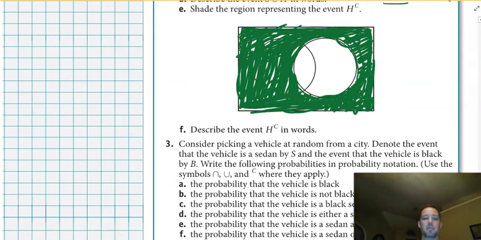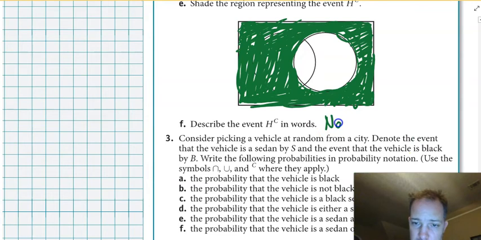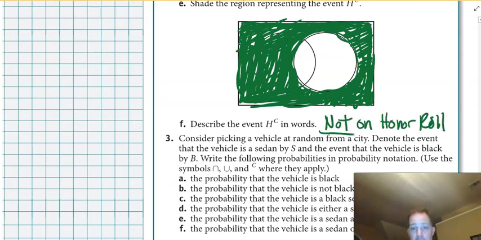That is H complement, and these are the students that are not on honor roll. So not is the complement that we need to associate with that. Not is what gets associated with complement.